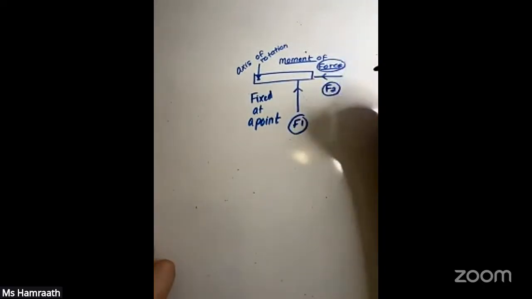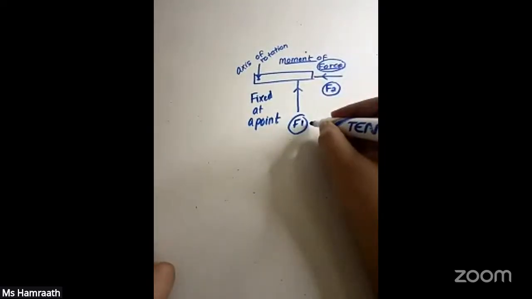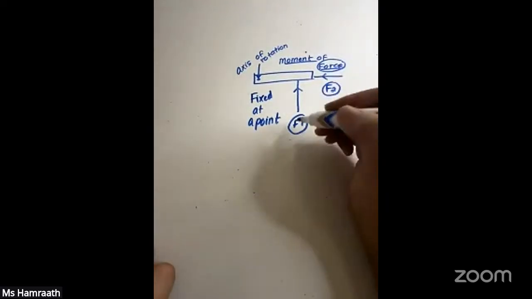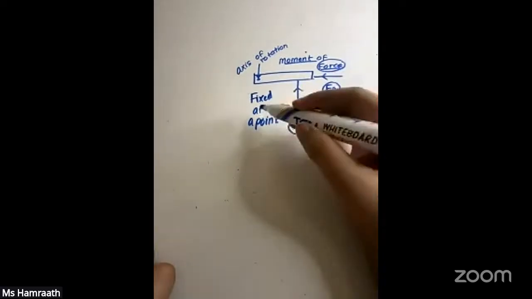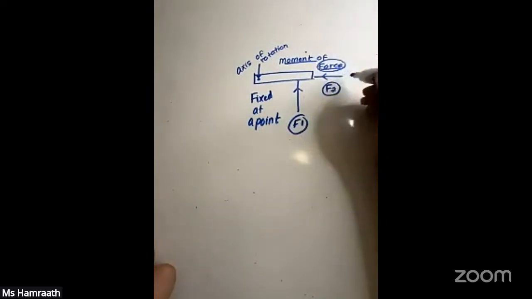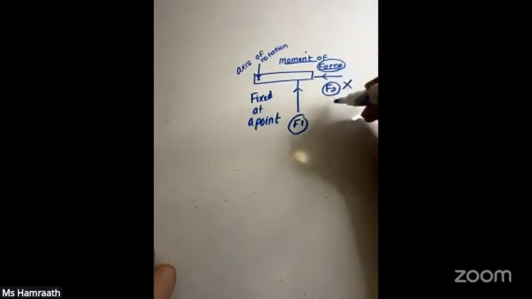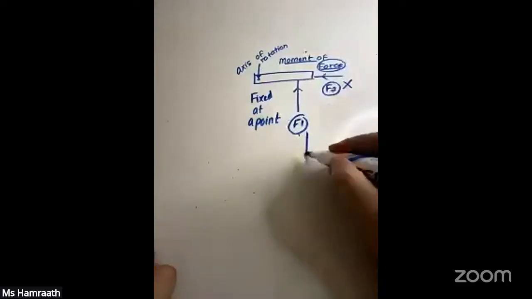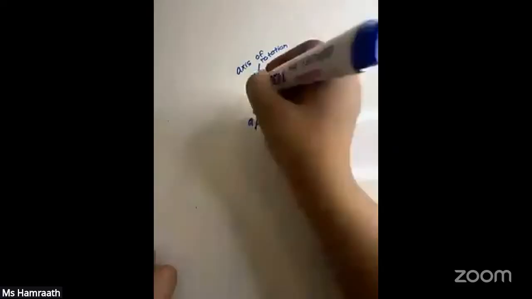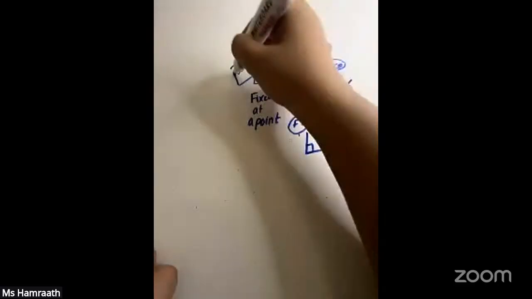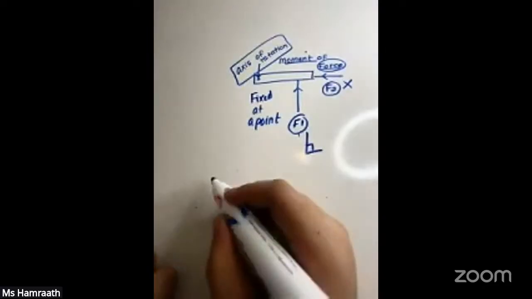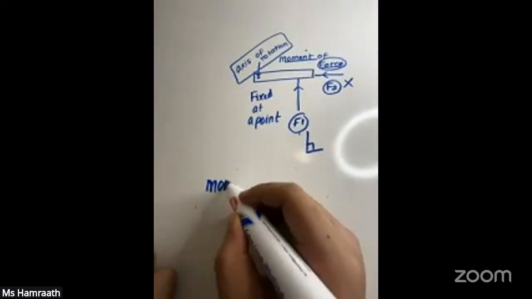The force in the direction of F1 will rotate the object, but the force in the direction of F2 will not rotate the object. So we understood that to have a moment of force, the force has to be perpendicular to the axis of rotation.